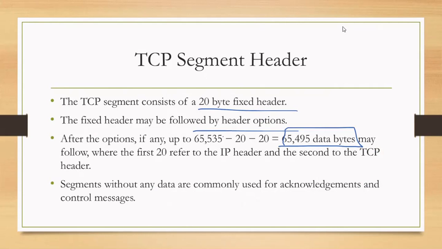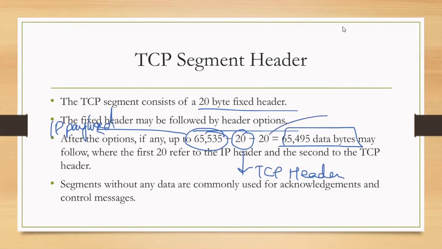Why this? This is the size of the IP payload. This 20 bytes is for the TCP header, and this is for your IP header. So this minus this, you're left with this.